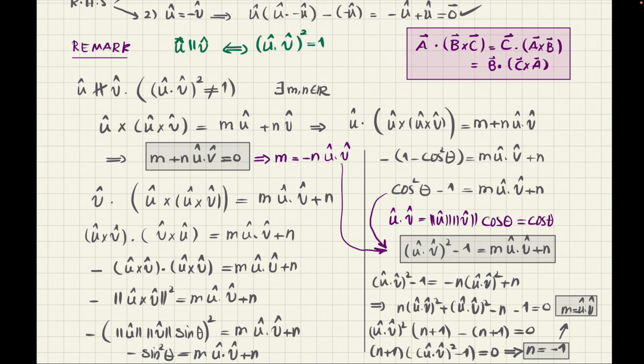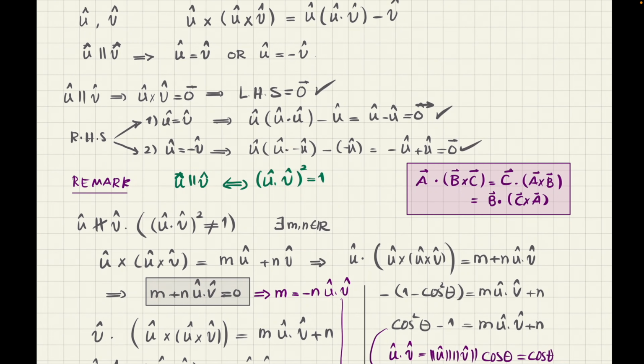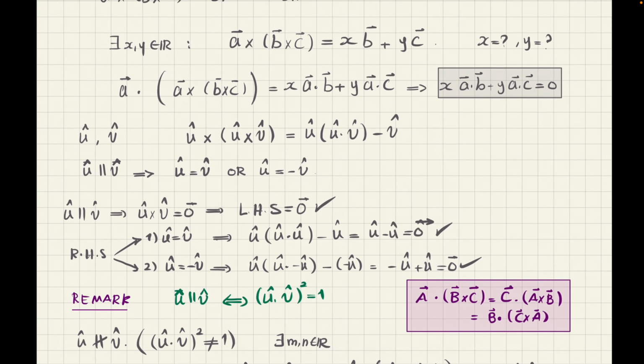Okay, now what happens if I go here, in this equation, instead of m I put u dot v, and instead of n I put minus 1, and then immediately I get what I expected. Yes, so that I finish this one.